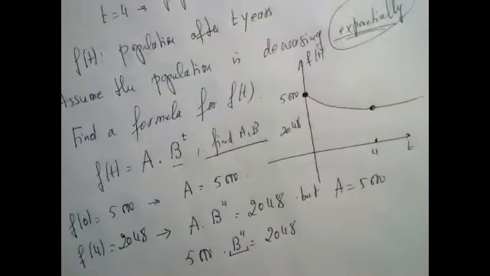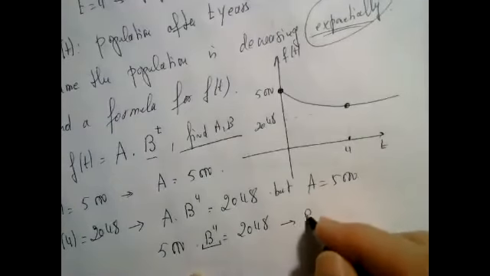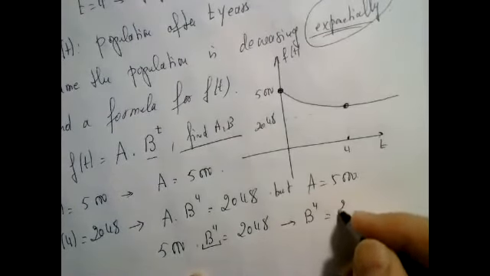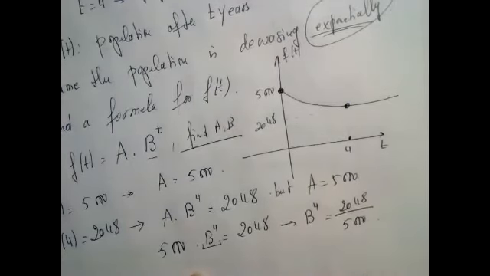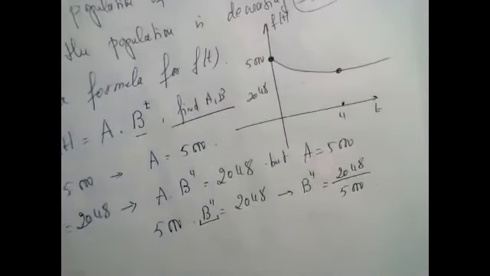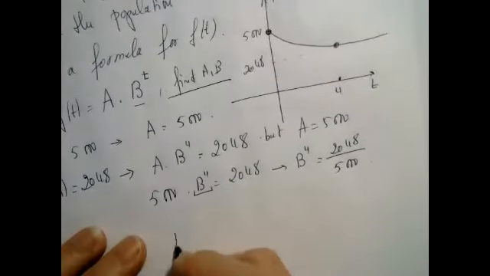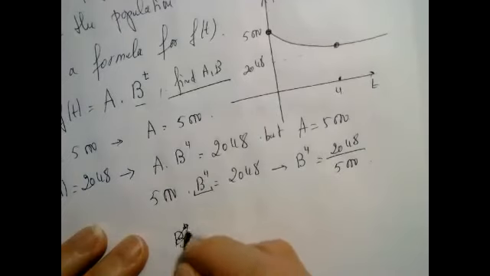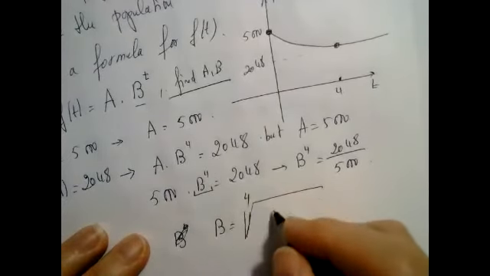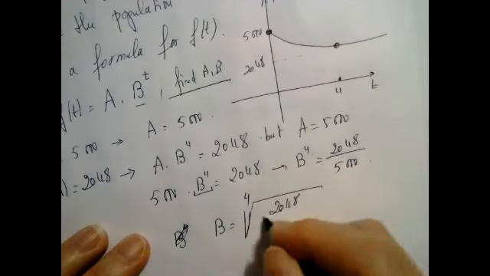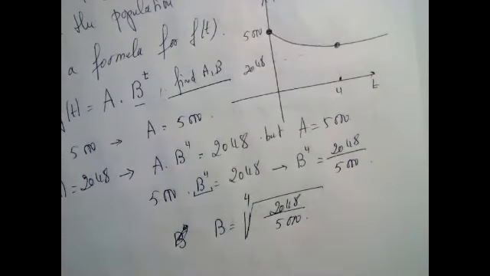Now I need to go after my B. So B to the power 4 is going to be 2048 divided by 5,000. Sorry, B is the fourth root of this number. I can compute this number, and then I'm going to take it to the power 1/4.